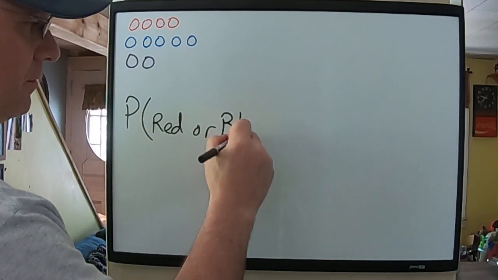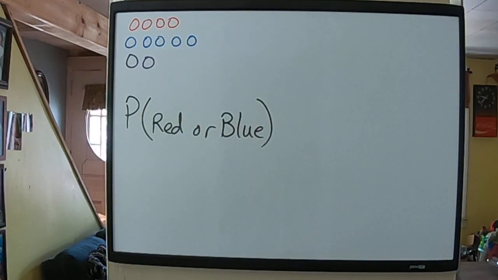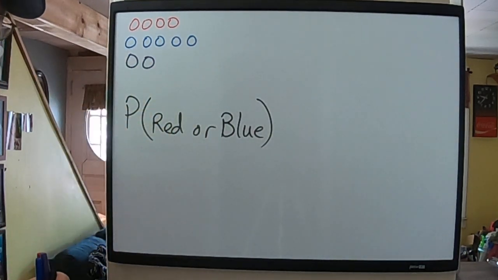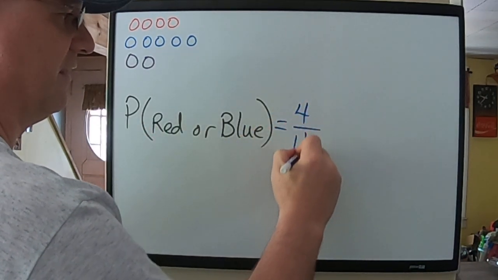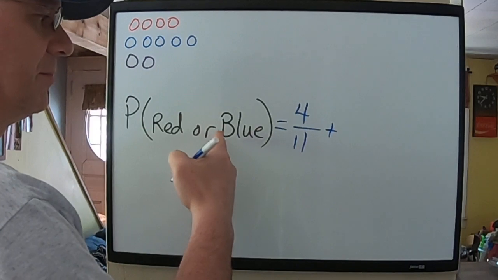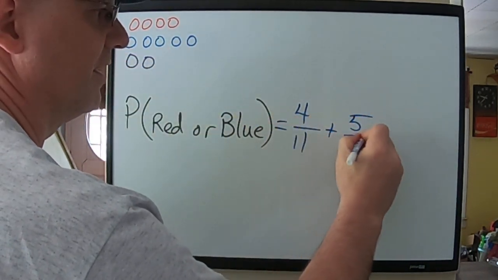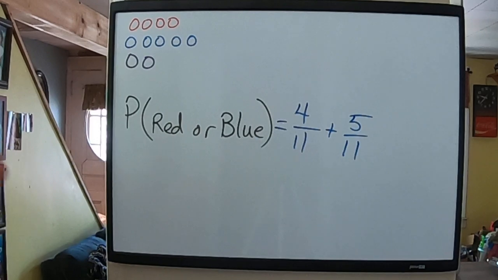or a blue? Now we know the chance of getting a red, that's 4 out of, let's see, that's 4, 9, 10, 11. 4 out of 11. So the probability of getting a red is 4 out of 11. The probability of getting a blue is 5 out of 11. Is there any way I can draw both a red and a blue by just drawing 1 marble?